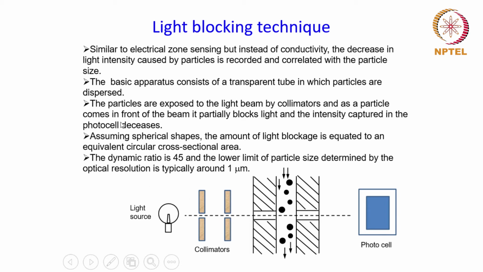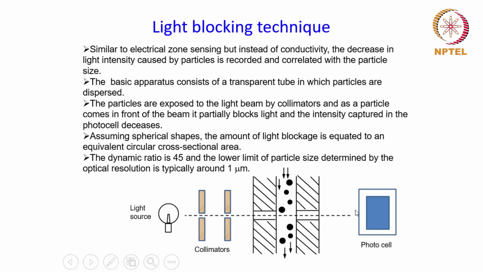So as the particles come in front of the beam, they partially block the light and the intensity captured at the photocell detector decreases. Okay, so this is where the photocell detector is there to capture the intensity which is coming out after passing through this tube, right?